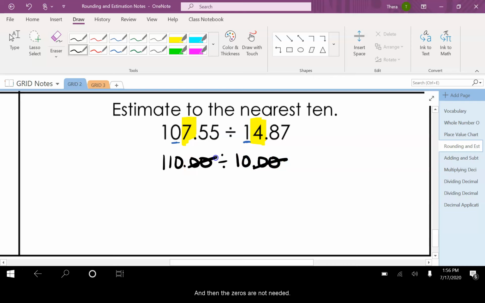And then these zeros are not needed. 110 divided by 10, and I can think in my head, 10 times what is 110? And I can say, oh, that's 11. So there we go. So it should be 11. Okay, guys, that's all for our review.